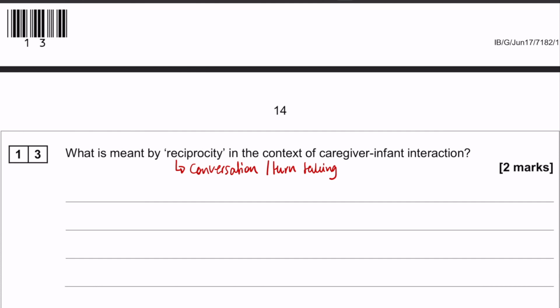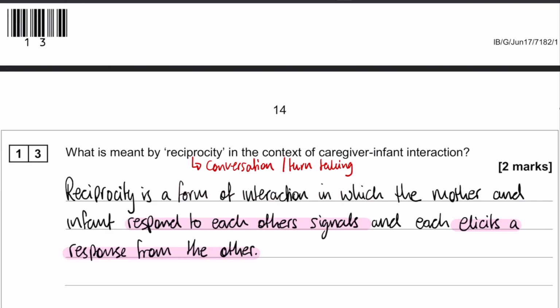Okay, and this is what the answer to that question would look like. Reciprocity is a form of interaction in which the mother and the infant respond to each other's signals and each elicits a response from the other. That phrasing is quite important. It's a 2 marker, which means that your answer has to be clear and crisp.